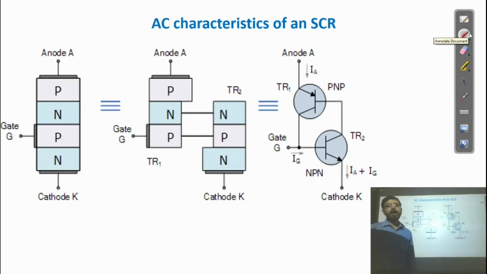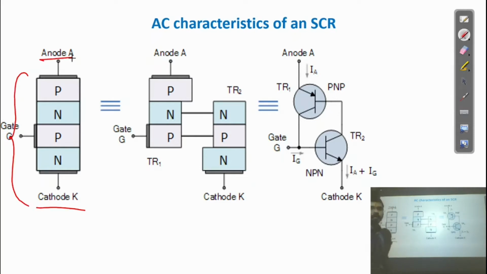In that video I have already discussed the structure of an SCR, anode, cathode, and the importance of gate. So everyone should go through the DC characteristics of an SCR before watching this video for AC characteristics.